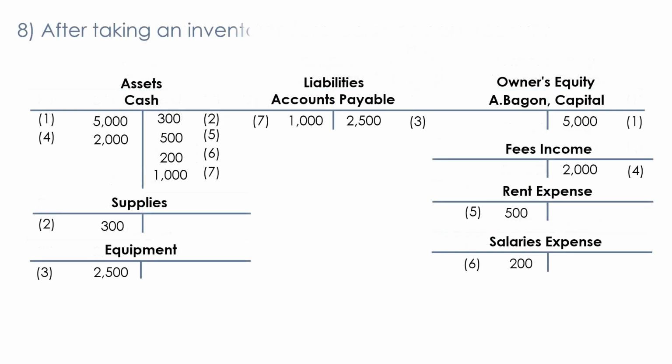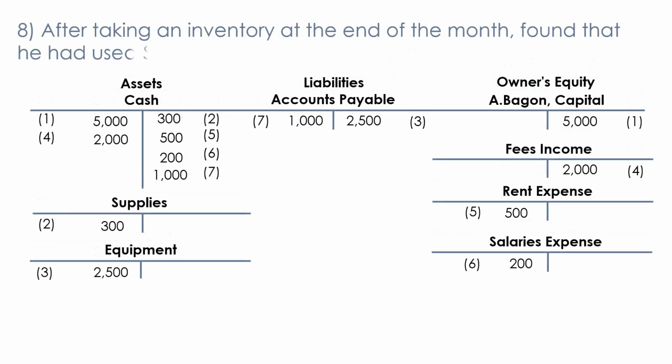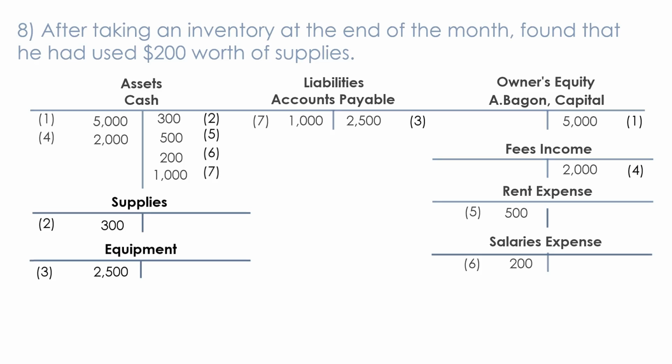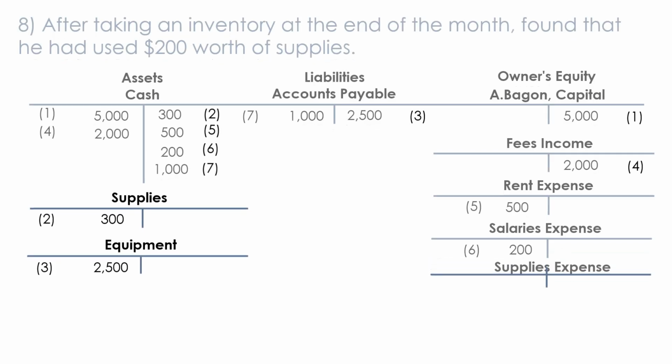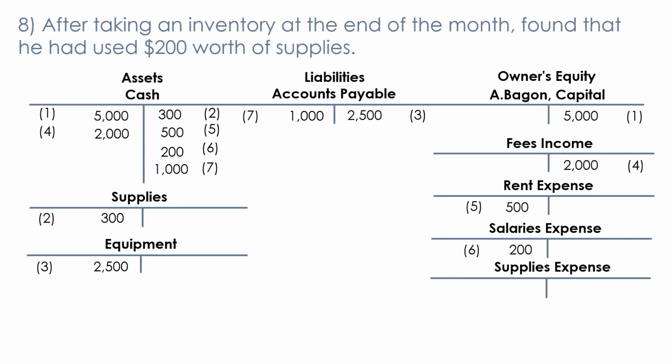At the end of the month, we conducted an inventory and found that $200 worth of supplies had been used. To accurately reflect this in our accounts, we need to make the following adjustments. We will reduce the supplies asset account by crediting it with $200.